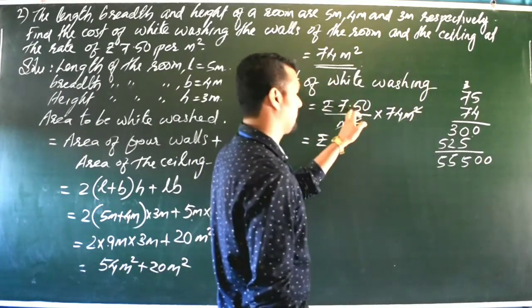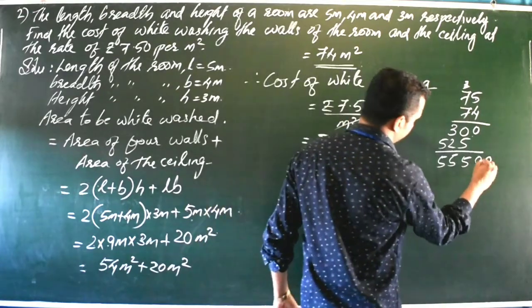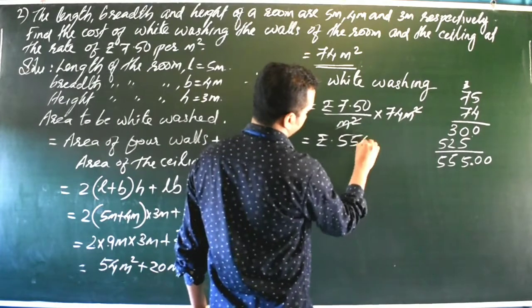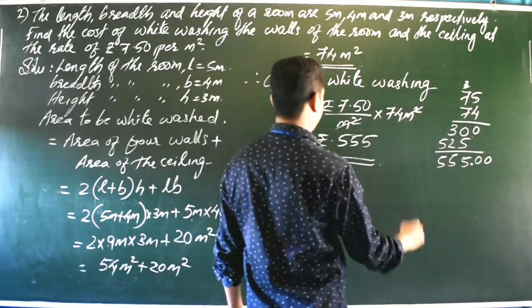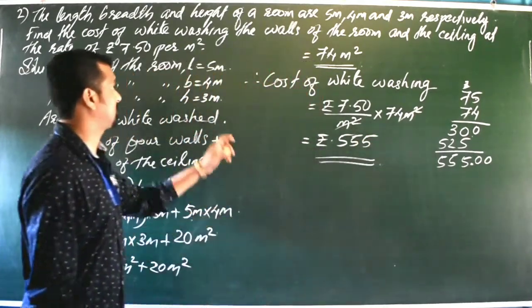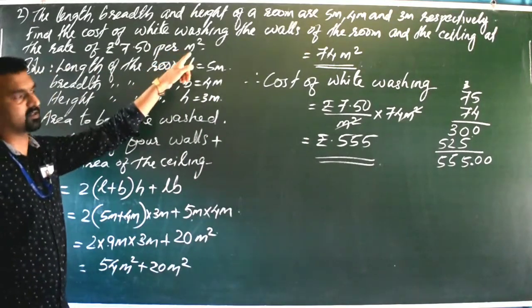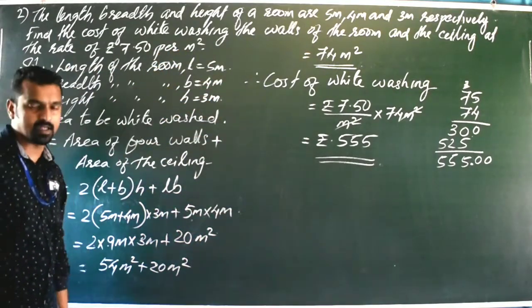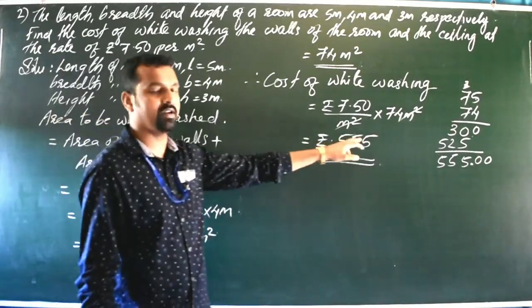Now 2 decimal points are there, so 2 decimal points should be there in the answer. So what is the answer? Rupees 555. If the rate of whitewashing is rupees 7.50 per meter square, then the total cost of whitewashing the 4 walls and the ceiling is rupees 555.